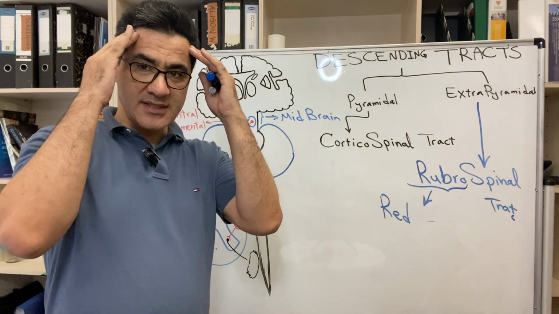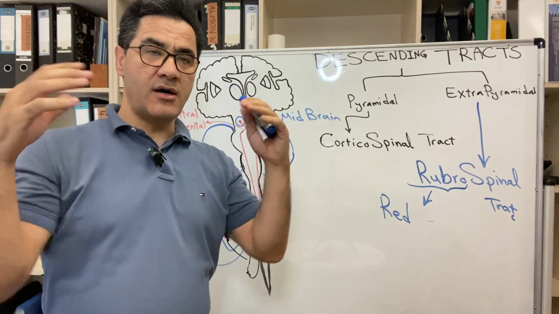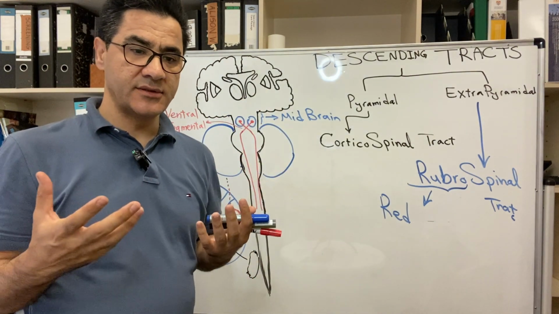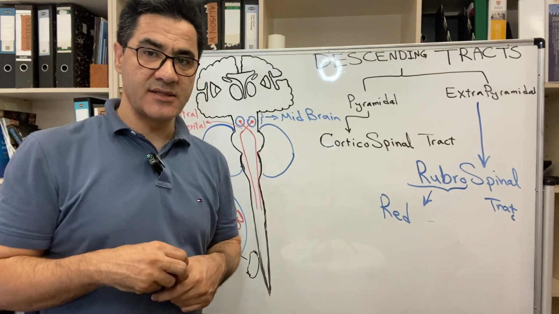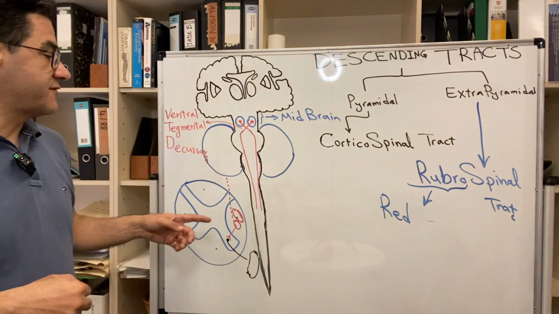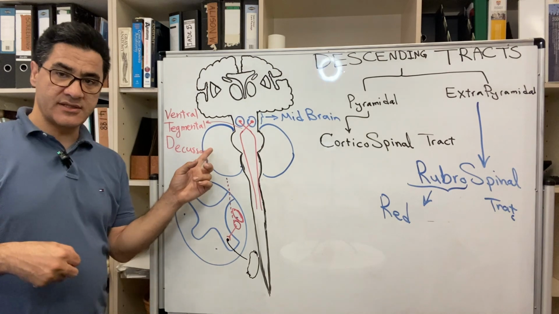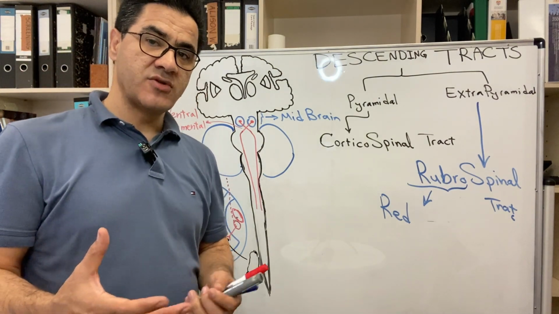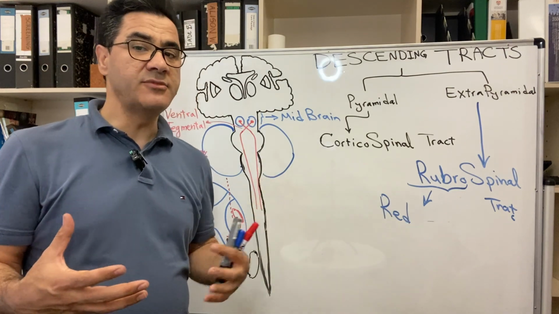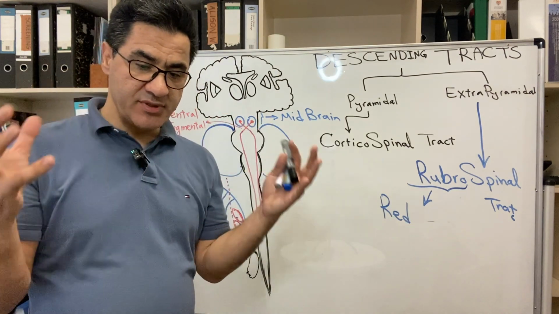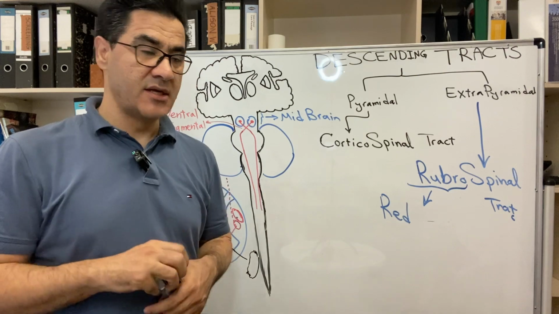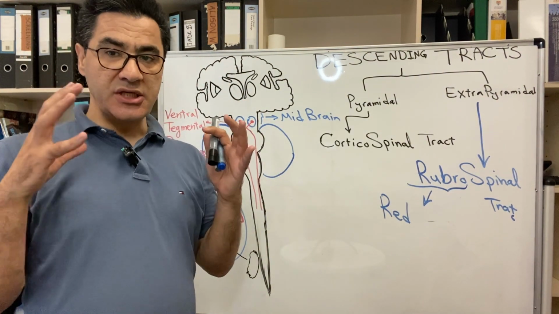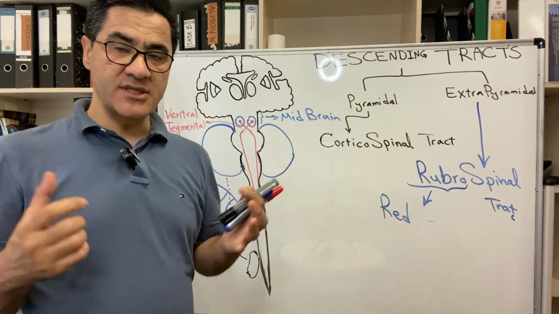Now your cortex is consciously aware of your limbs and their posture in space. We also have fibers like the spinocerebellar, which is related to unconscious proprioception. So unconsciously, your cerebellum is aware of the position of your limbs in space. Consciously and unconsciously, the brain and cerebellum know the position of your limbs.